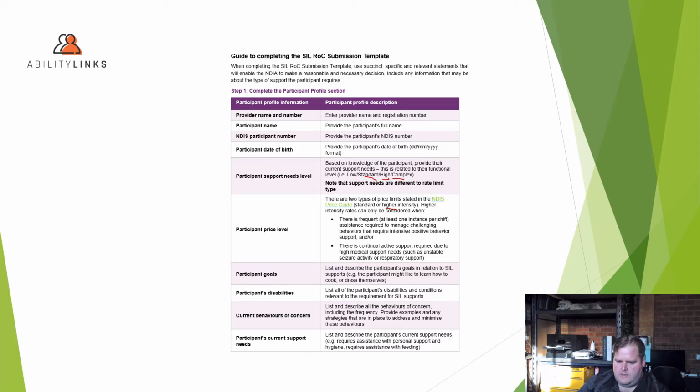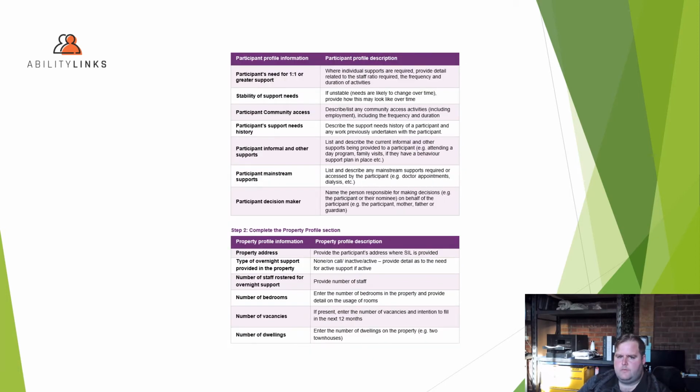and a summary of the participant's current support needs. Each of these promptings are fairly self-explanatory. It just helps the planner to engage in the process and to understand the level of support that the participant needs.